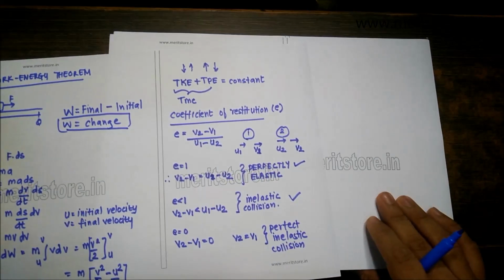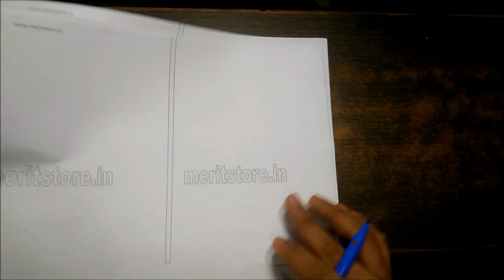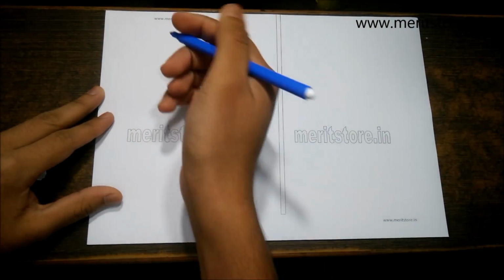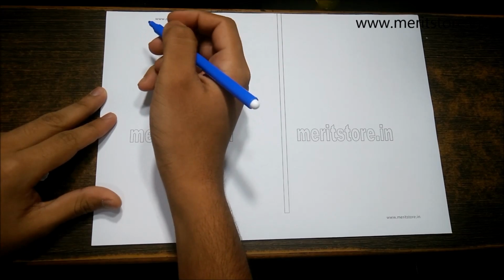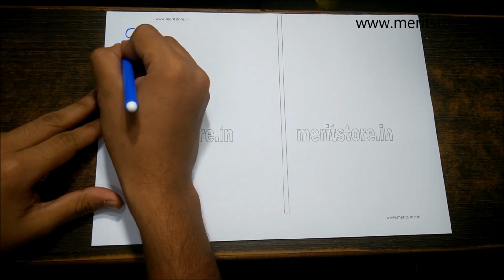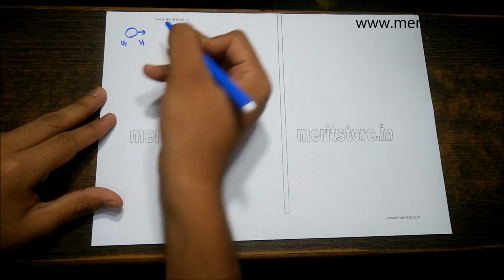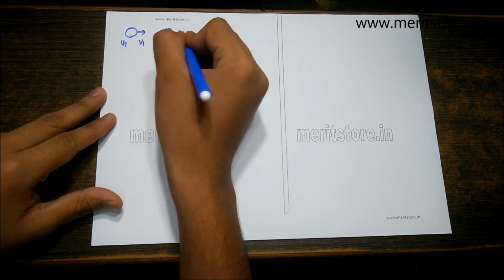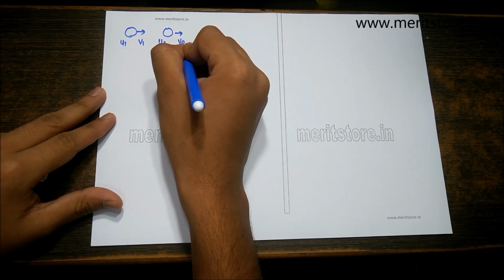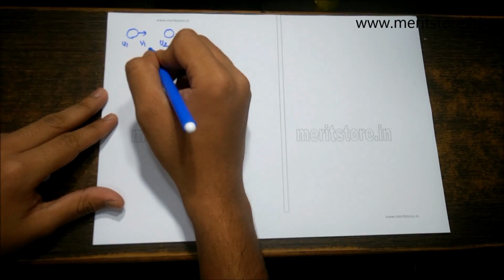So in case of an elastic collision in one dimension, we have two bodies. u1 is the initial velocity, v1 is the final velocity, and for the second body u2 is the initial velocity and v2 is the final velocity.